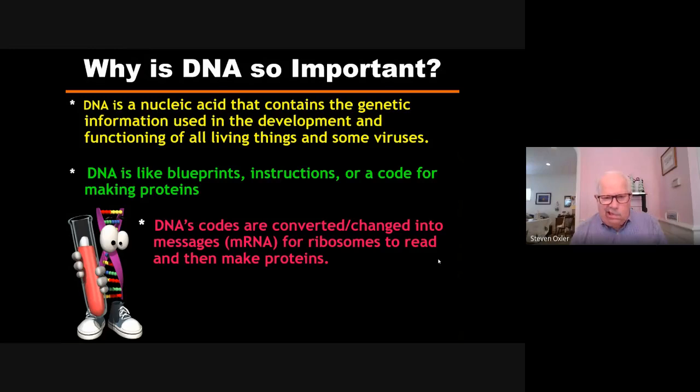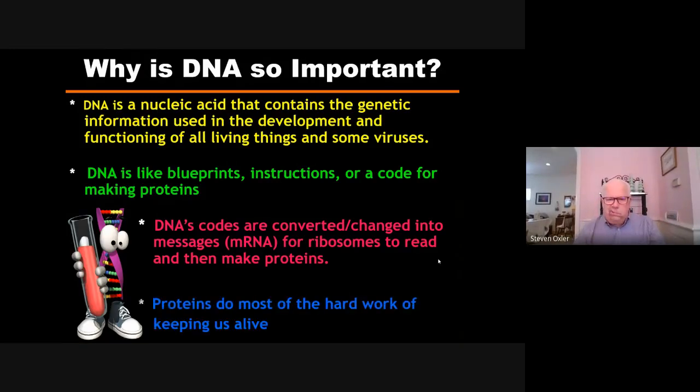Remember, the nucleus has DNA. To make proteins, it has to be converted into messenger RNA. Messenger RNA will take this code to the ribosomes. The ribosomes in the rough endoplasmic reticulum will then make protein. Proteins do most of the hard work in keeping us alive.